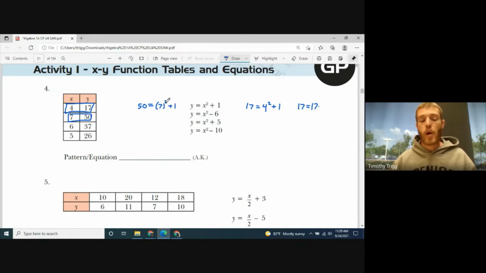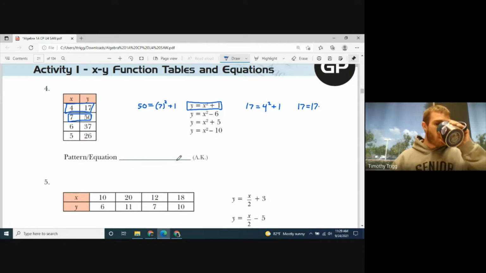So what's 7 squared? Oh, okay, well, that's 7 times 7. That's 49. 49 plus 1 is 50. Okay, so that does work. So that means that this is the correct answer. Y equals x squared plus 1.